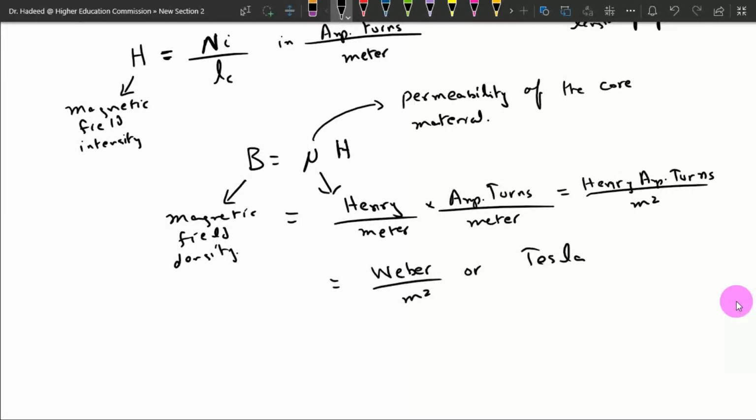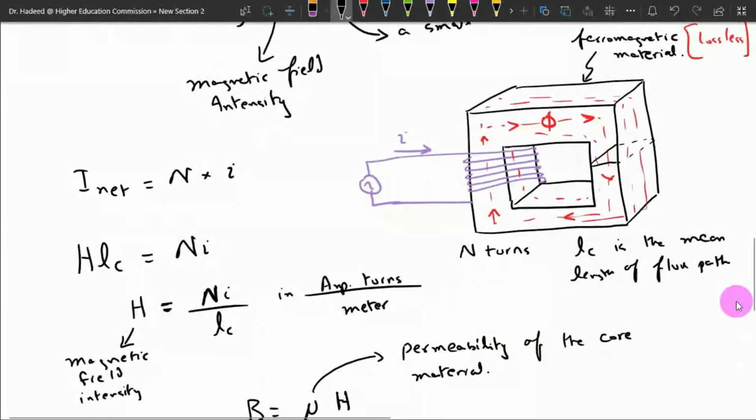Now this mu is a very important phenomenon in choosing the core of any electrical machine, because the electrical machine requires a magnetic field in the core so that the input port and the output port can interact without a physical connection between them.